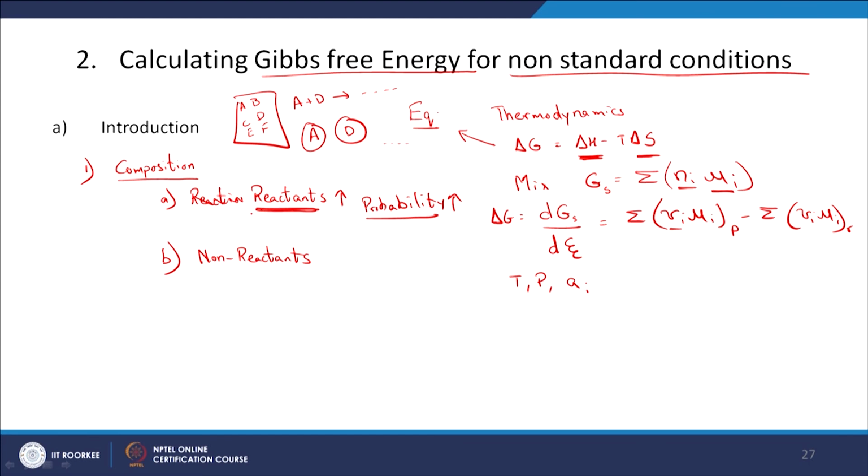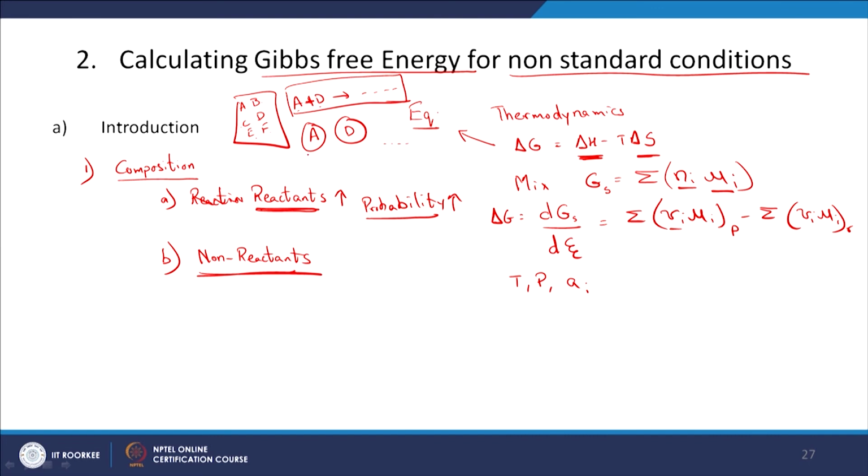The second aspect is the effect of the non-reactants in the solution. Let us say we are concerned with the reaction of A and D colliding or reacting with each other and going to products. But in the solution we also have B, C, E and F. In general, most of the compounds will have a charge, and they can affect the interaction between A and D by interfering with either A or D, usually due to charge.